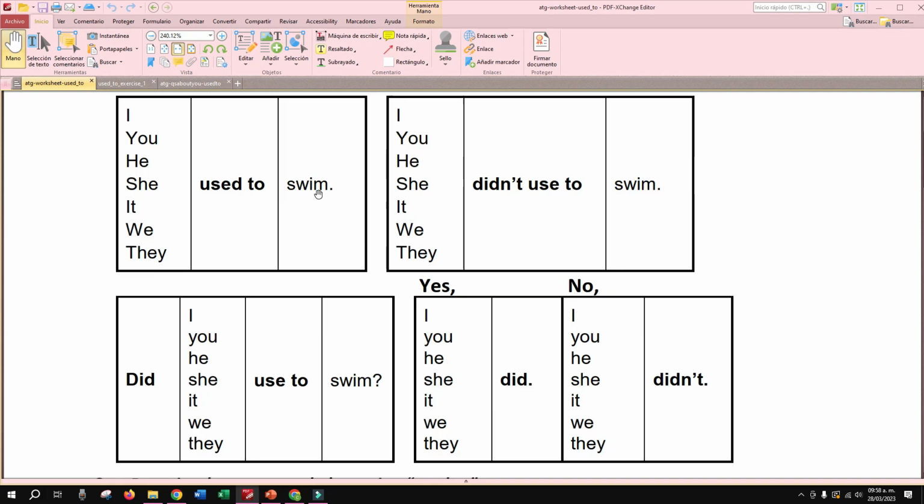I used to swim. He used to swim, right? Also, the negative form, remember, I didn't use to. We don't need the D here. Swim. She didn't use to swim. They didn't use to swim, right? That would be the negative form.